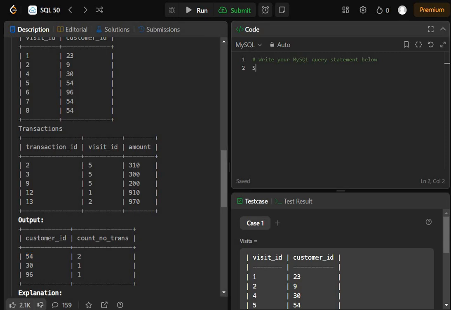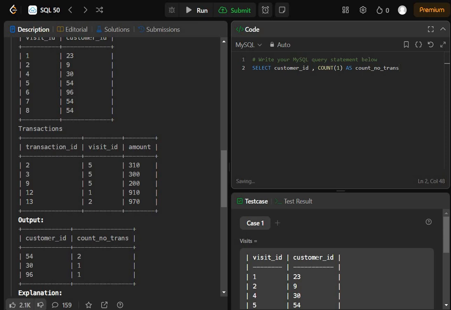So first, we have to select our customer ID. Okay, and then we have to represent the count. For that I am using the count keyword. Count. We will name this count as count number trans.